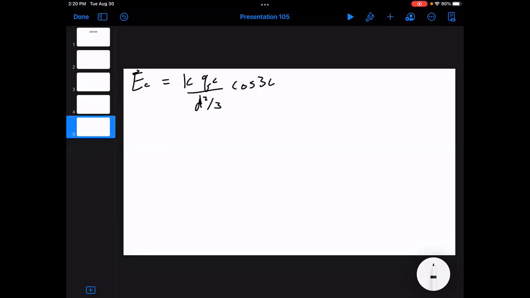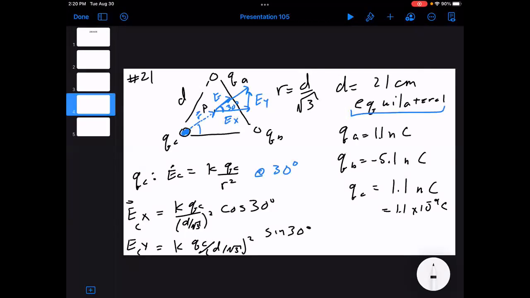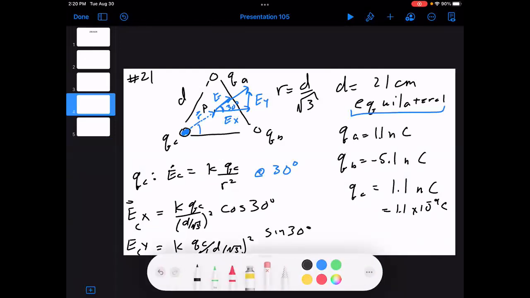Cosine of 30 in the x hat direction plus the same thing but with the sine and with the y hat. Okay. That was just one of these 3 charges.